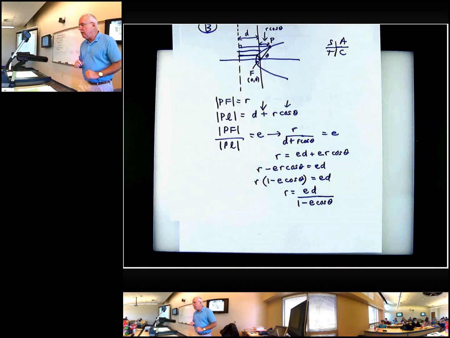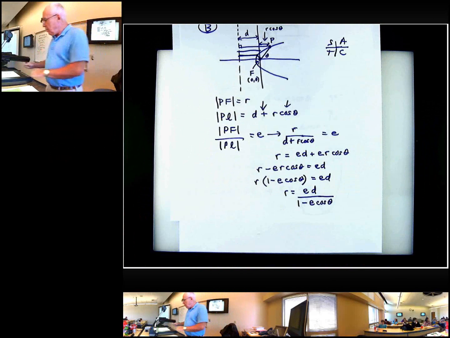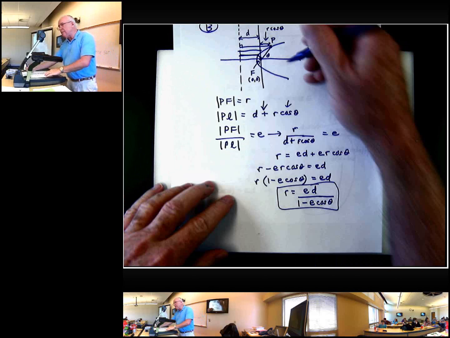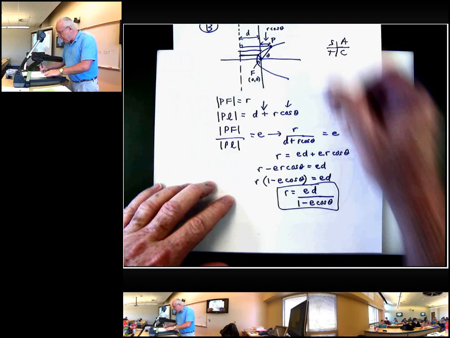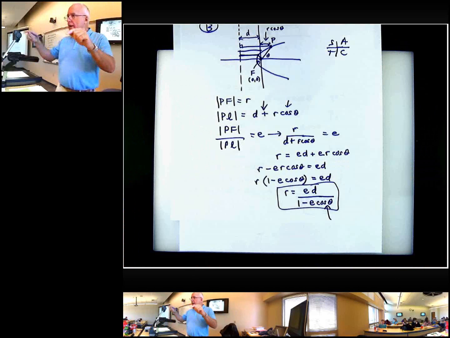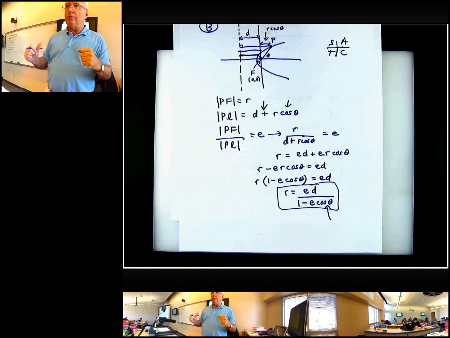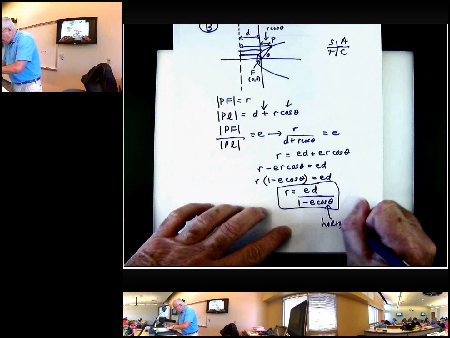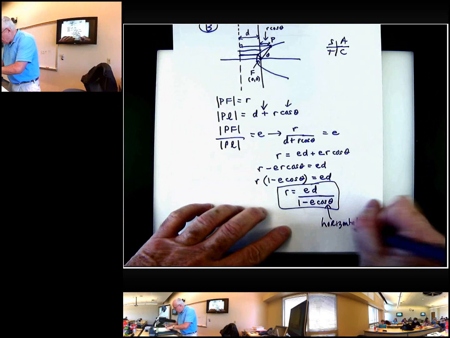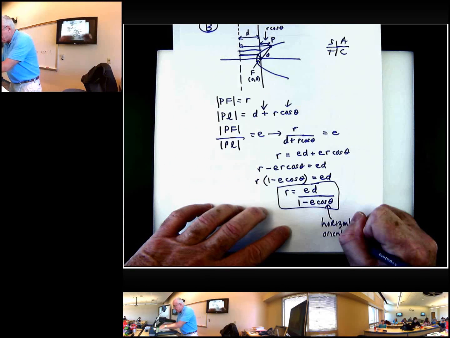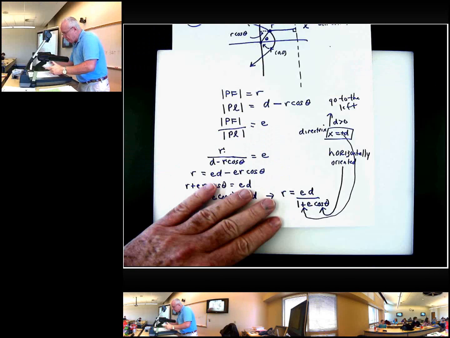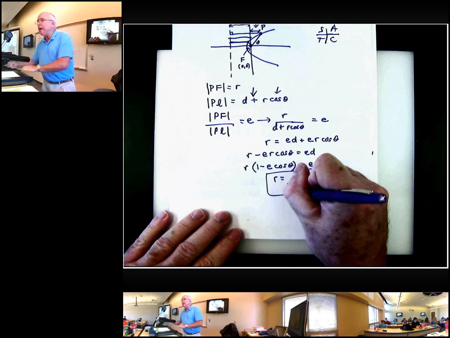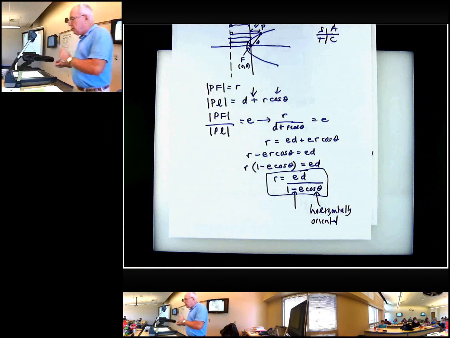Okay. So what do we have here? Again, here's our formula. Again, it's horizontally oriented, and notice we have the cosine, which is associated with x, so that's a clue that we're horizontally oriented. Now, notice this time we have a minus here. What is our directrix here?